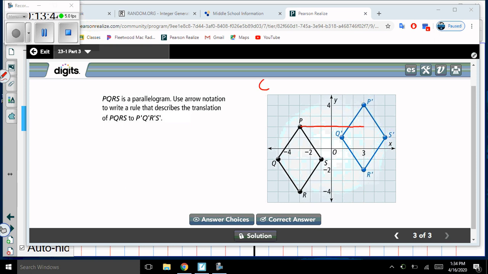So I'm going to go 6 to the right, or right 6. And I'm going to go up 2. The translation for that should be x plus 6, comma, y plus 2.